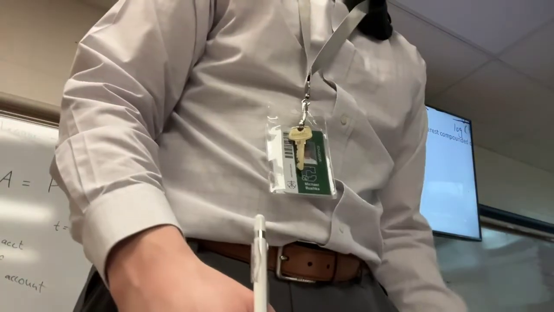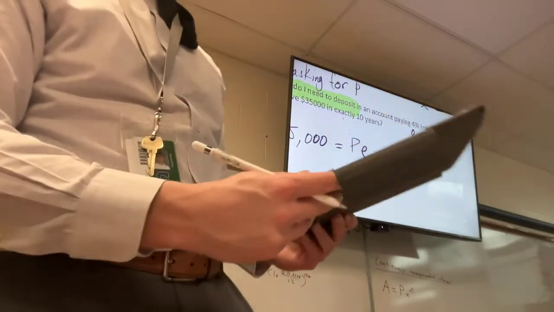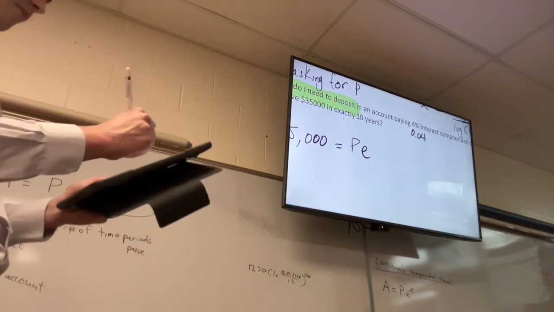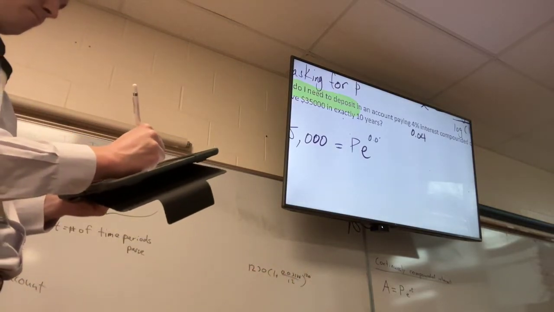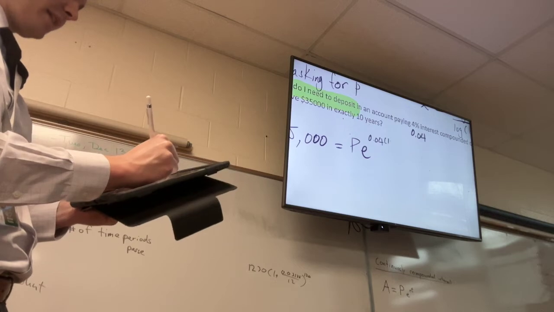So it's going to be 0.04. This time, you don't have to worry about the 1 here. It's just 0.04, and times 10, right? My t is 10.